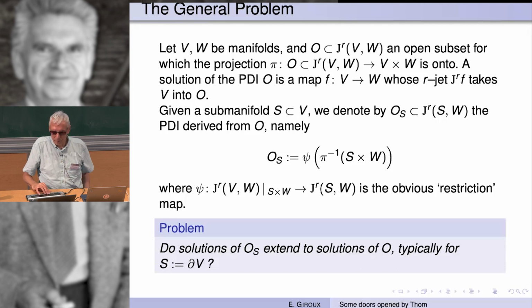So consider, for example, two manifolds, V and W, and you take an open subset O of the space of r-jets of maps from V into W. And you say that a map f from V to W is a solution of the partial differential inequality defined by your open set if its r-jet, j^r f, takes V into this open set.